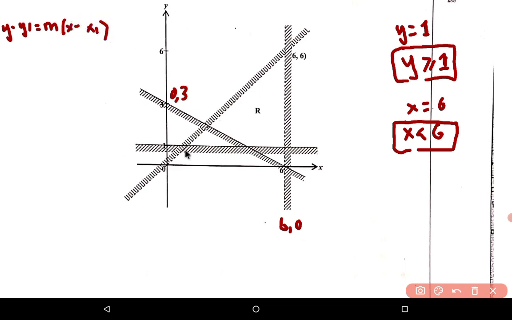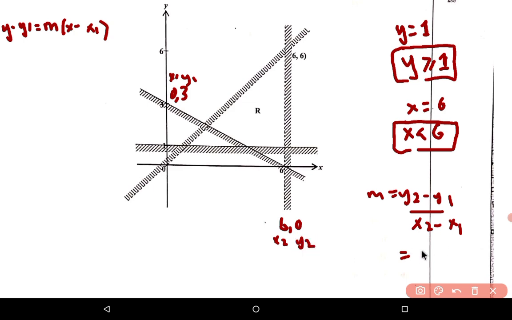For the gradient, we can always find it as y2 minus y1 over x2 minus x1. In this case, this is x1 and this is y1. This is x2 and this is y2.